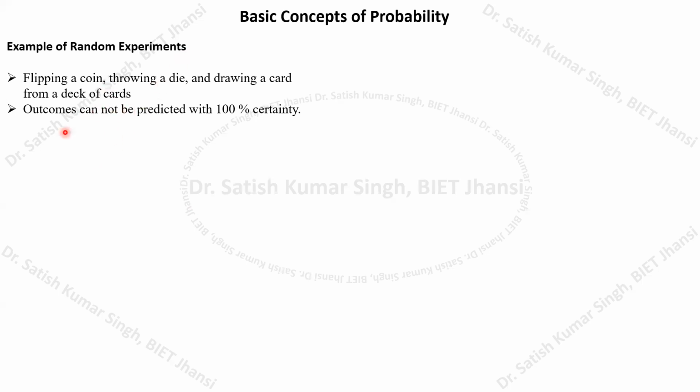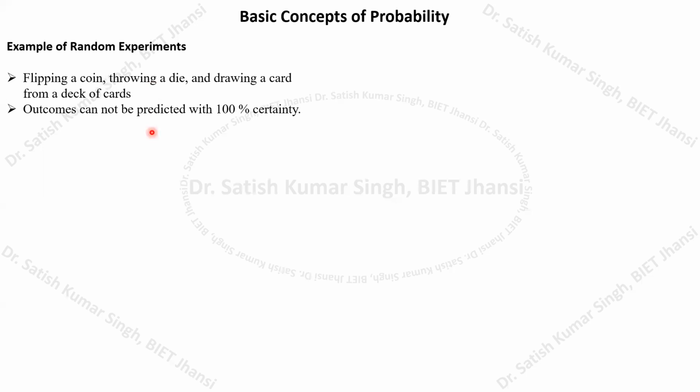We cannot tell whether, when flipping a coin, the outcome will be a head or a tail. Similarly, in throwing a die, we cannot tell which number will appear, because there are a total of 6 possible outcomes, and therefore we cannot ascertain what the output will be.